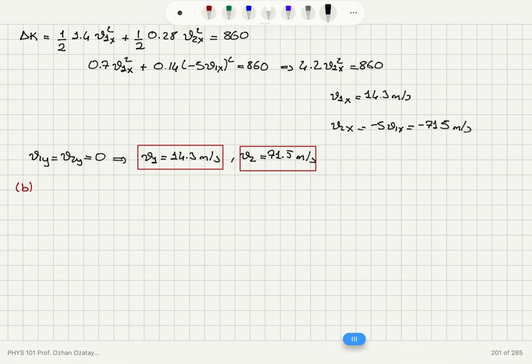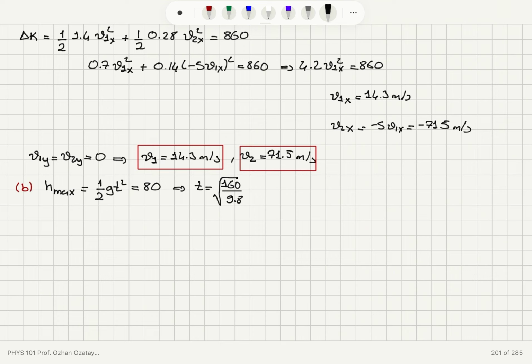Okay, so let's find out how long it takes to hit the ground. So h max is going to be equal to, because we have a zero initial y component, 1/2 gt squared. So this is 80 meters. Therefore, the time of flight will be equal to the square root of 160 divided by 9.8.